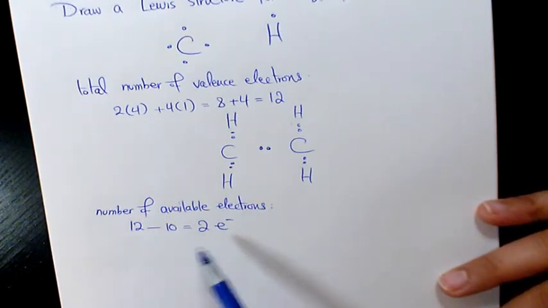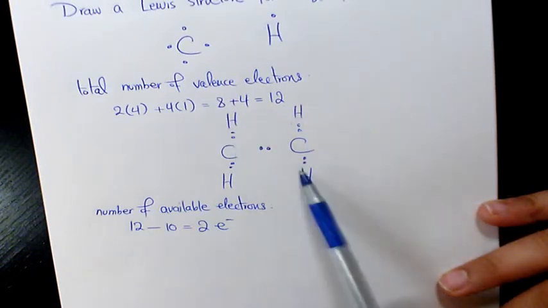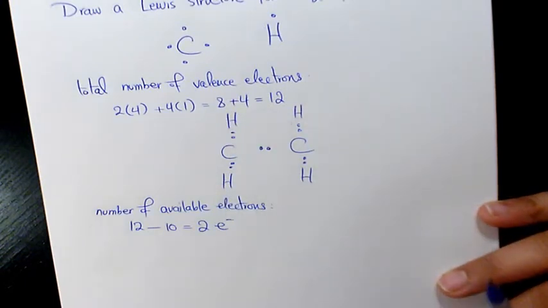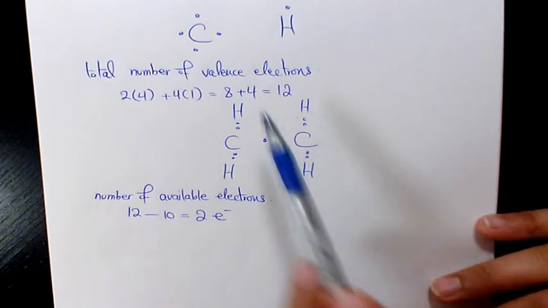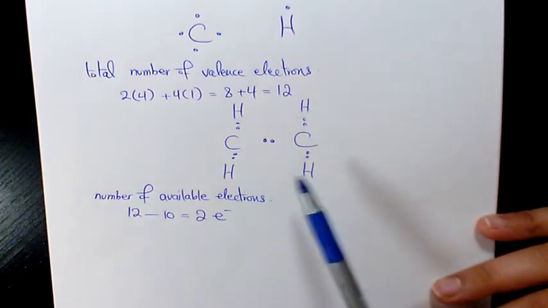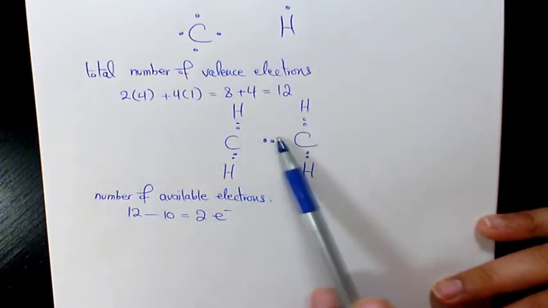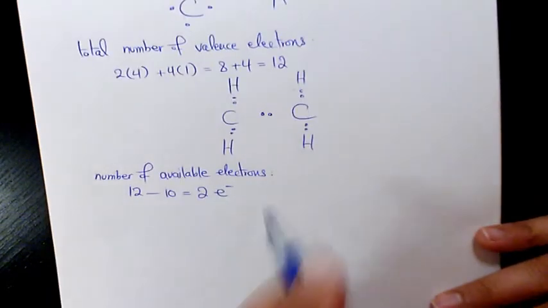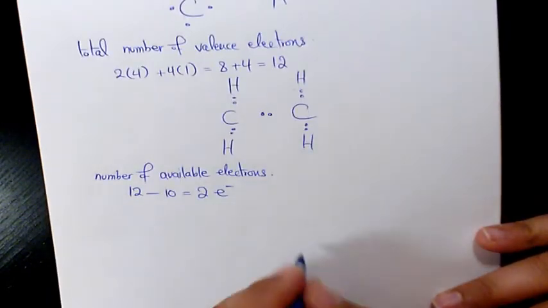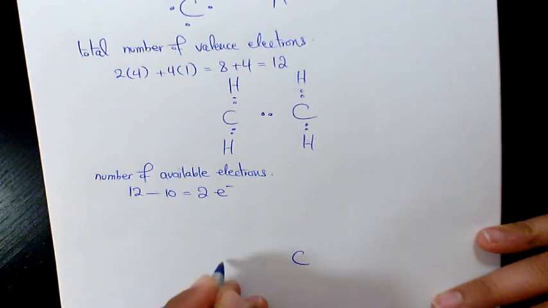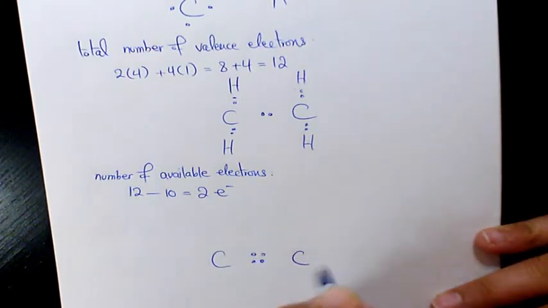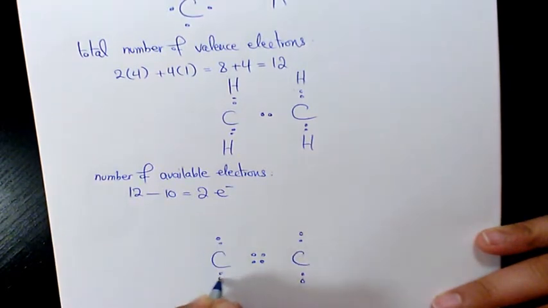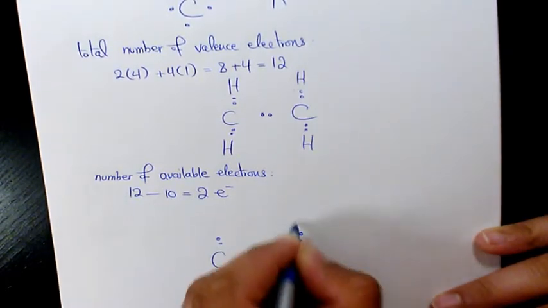What we need to do, here the hydrogen follows the duet rule, so we don't need to put it there. So these 2 electrons, we need to put in between these 2 carbons, because that makes the octet rule for these 2 carbons as well. So we had 1, 2, and we have another 1, 2, like that.